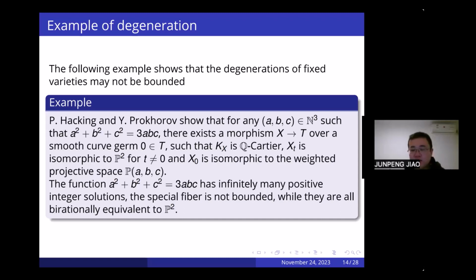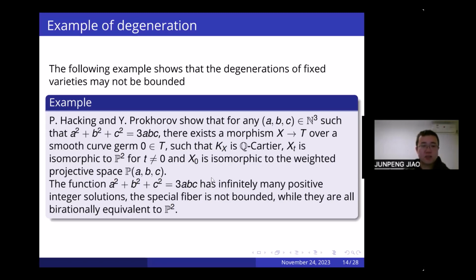Because the equation has infinitely many positive integer solutions, the special fibers are clearly not bounded, but they are all birationally equivalent to P^2. So that's why birationally bounded seems to be the best result one can hope for.